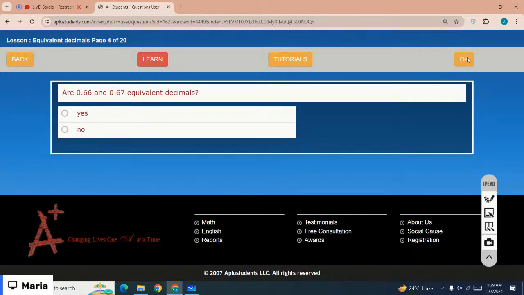Are 0.66 and 0.67 equivalent decimals? Which is the correct option?